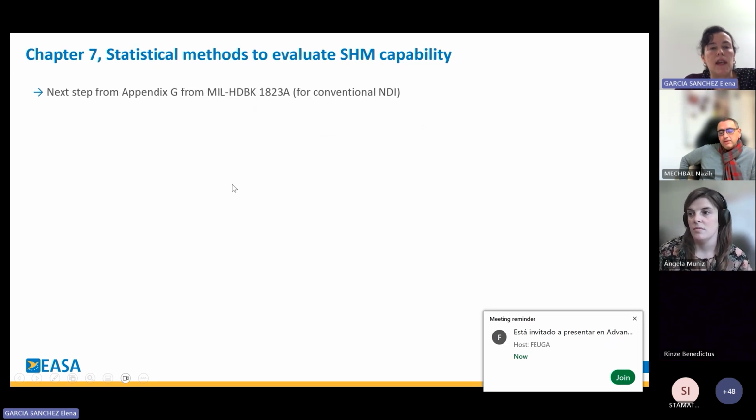Then in chapter 7, there are statistical methods to evaluate SHM capability. These are purely statistical and can be applied to any type of damage. You collect the data, which can be your damage indexes or other measure of your damage, and then you introduce it into a statistical analysis.